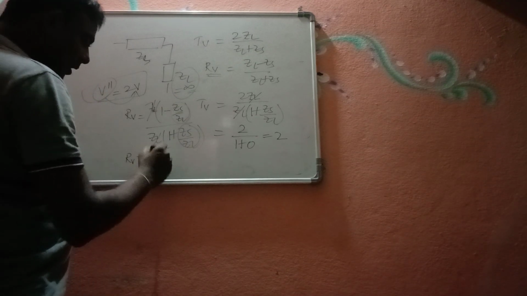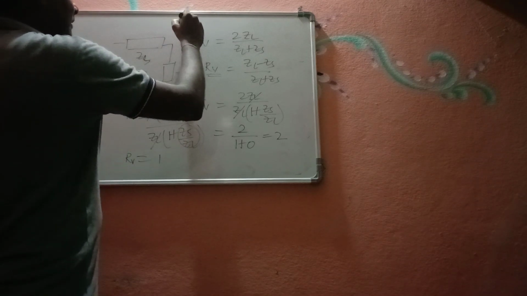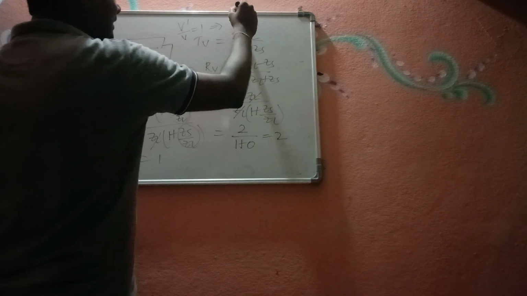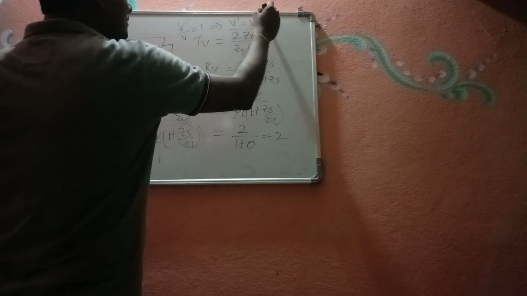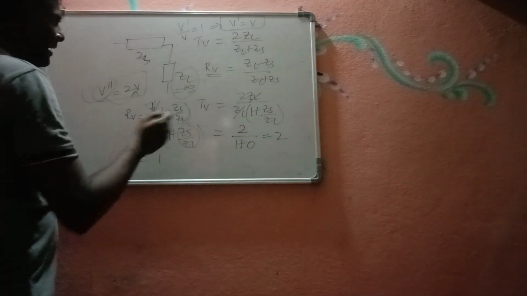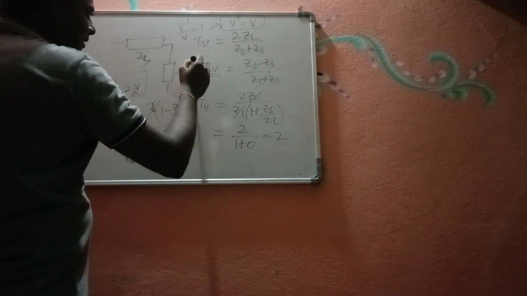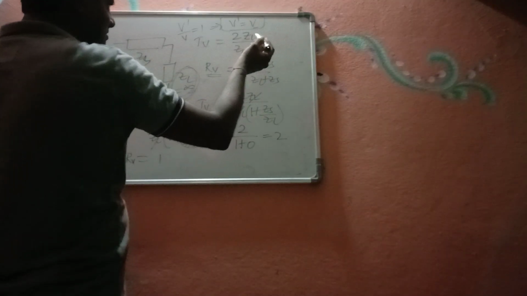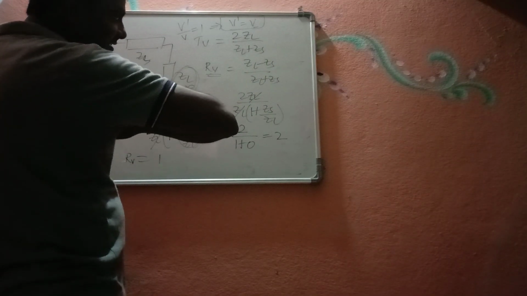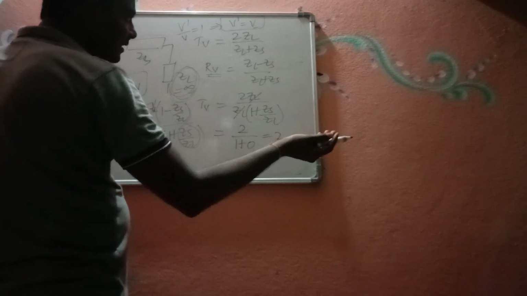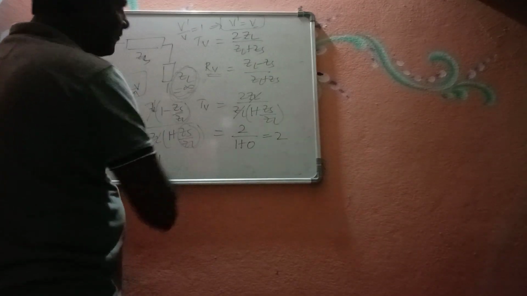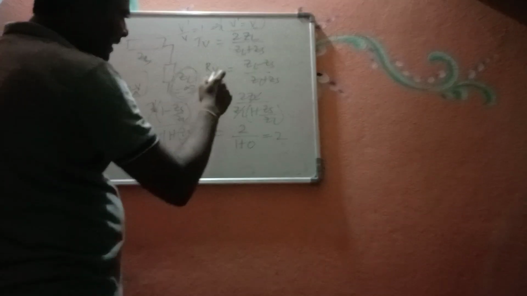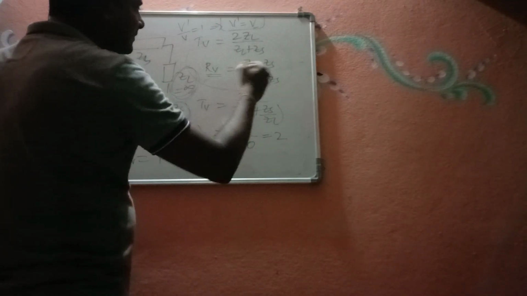RV is equal to 1, which indicates that V dash by V is equal to 1. That implies V dash is equal to V. So when the line is terminated by open circuit, there is a reflection of the same voltage. Whatever voltage is incident from the sending end, that voltage again will be reflected back from the receiving end. In this way we can apply these two concepts.